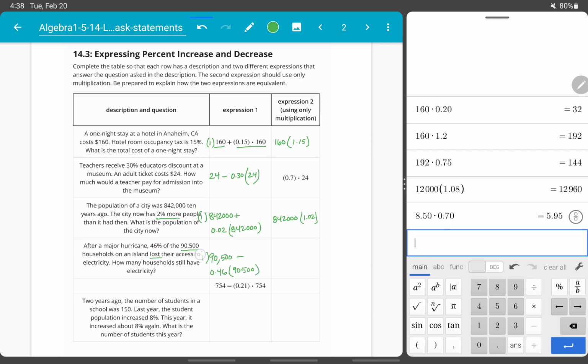There's an invisible 1 right there. We can factor out the 90,500 to get 90,500 times whatever 1 minus 0.46 is, and if you want the calculator for that, you would get 0.54.